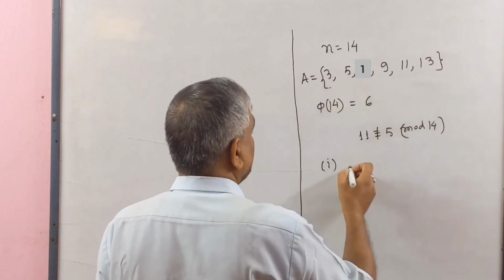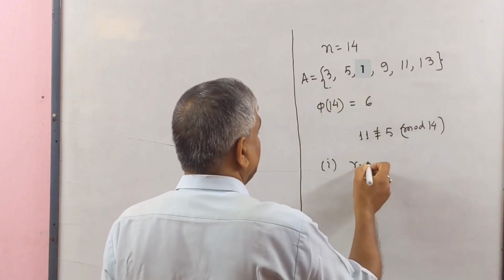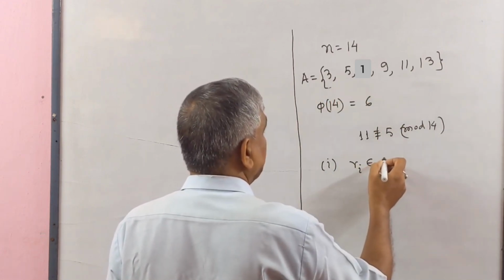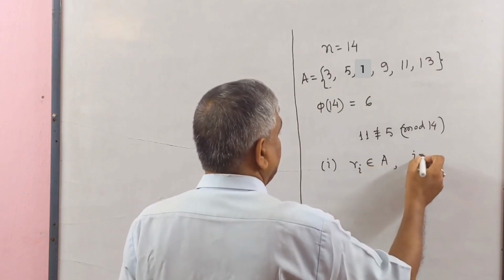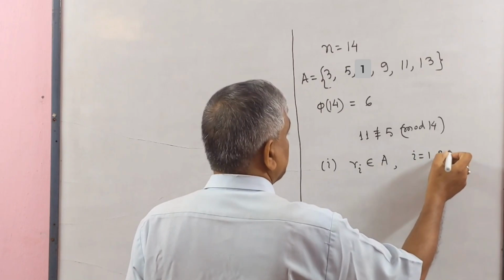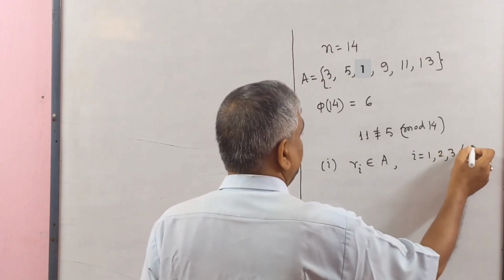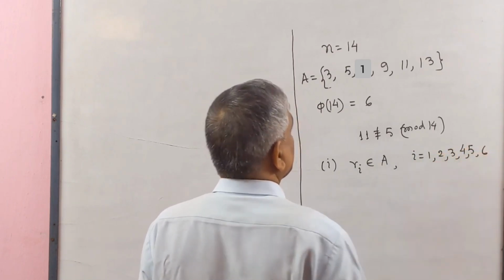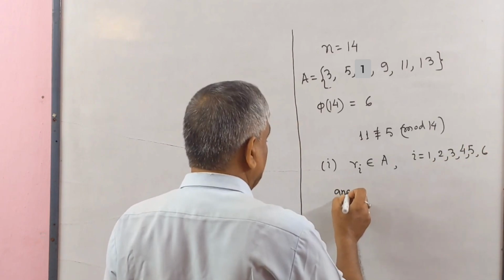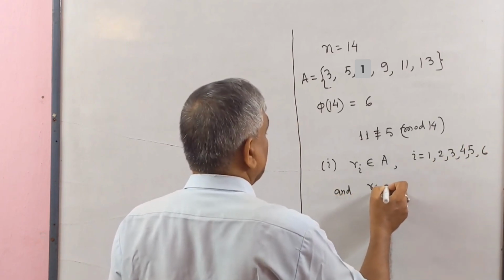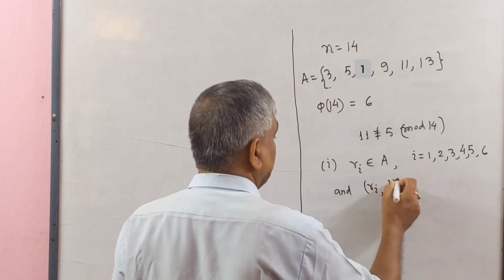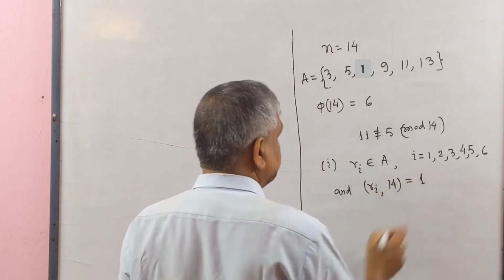Let Ri belongs to A, i equal to 1, 2, 3, 4, 5, 6, and GCD of Ri with 14 equal to 1.